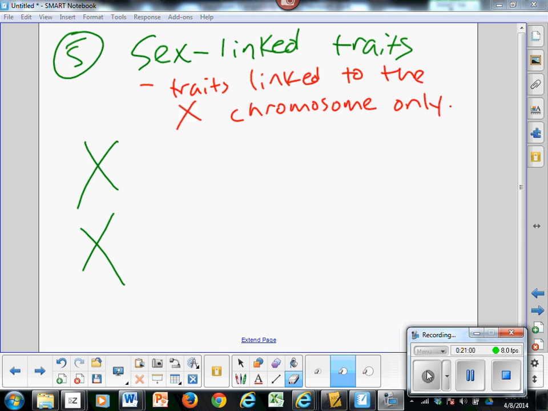Linked to the X chromosome, the traits that we're dealing with are all recessive traits. So that means when we look at our X chromosomes, you're either going to be X big N and you're normal, or X little n and you're going to have the disorder, whatever that disorder is. We'll just call it disorder. Or we could mean colorblind, hemophilia.